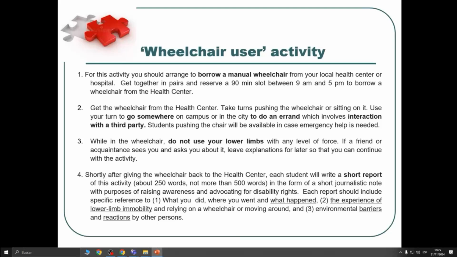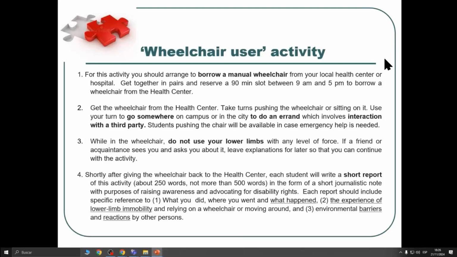The most classical one is going around sitting on a wheelchair, and it has been done for a long time. You get a normotypical person who does not need a wheelchair to sit on a wheelchair and go out in the city. You find a wheelchair, you often borrow it from a health center, and you go and do some activities.